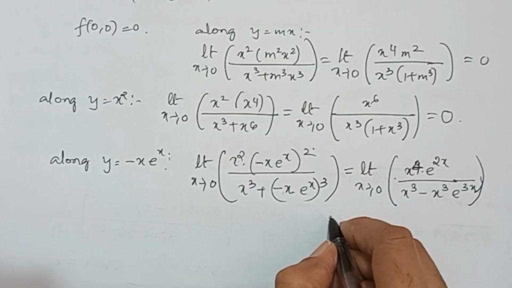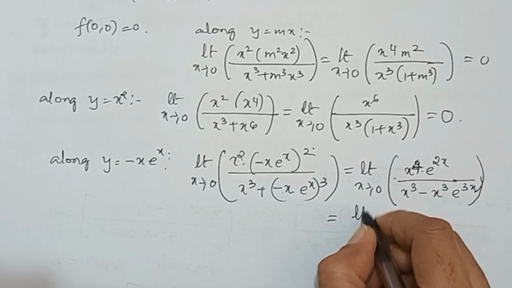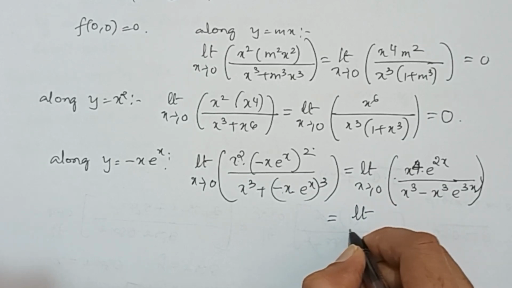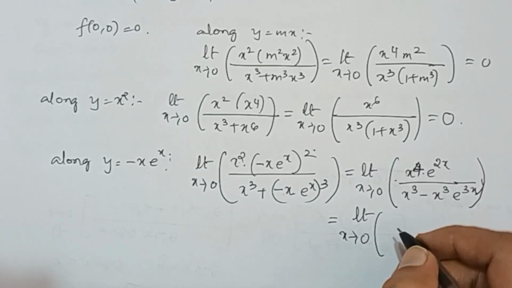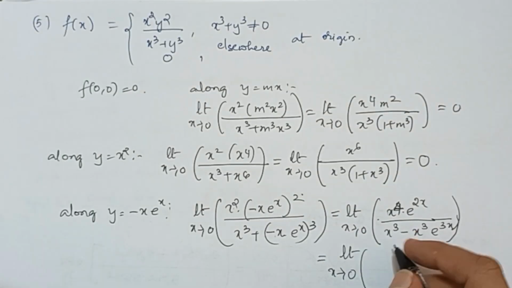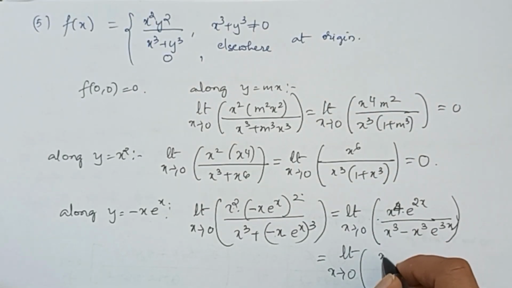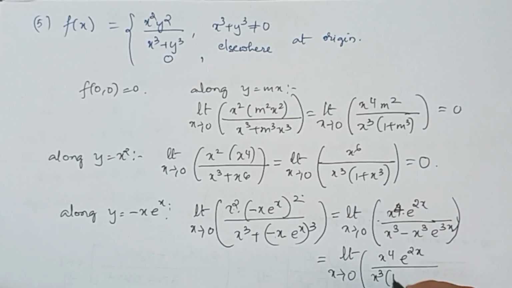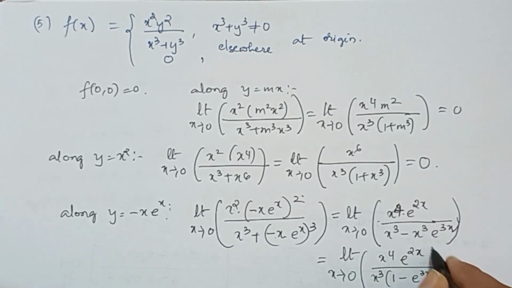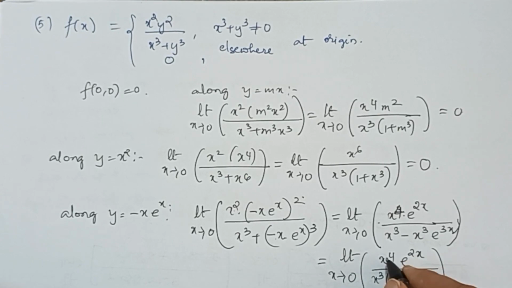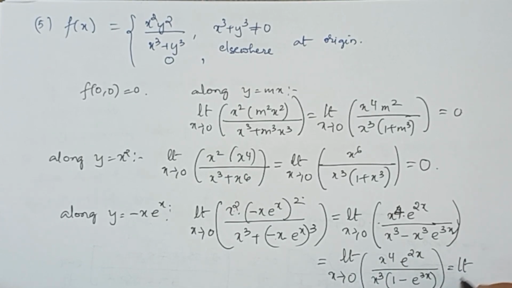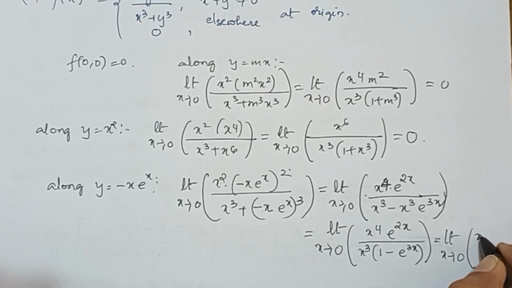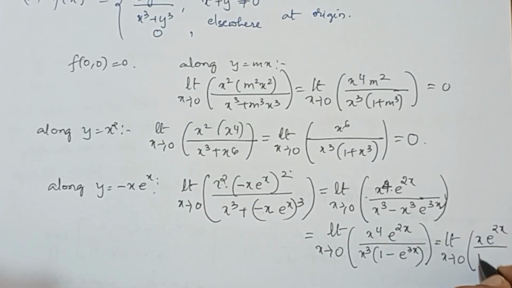So when I take x cube outside, I'll get limit as x tends to 0, x to the power 4 into e to the power 2x divided by x cube common, 1 minus e to the power 3x. Now x cube cancels with that of the numerator, 1 x remains in the numerator. So we will have limit as x tends to 0, x into e to the power 2x divided by 1 minus e to the power 3x.